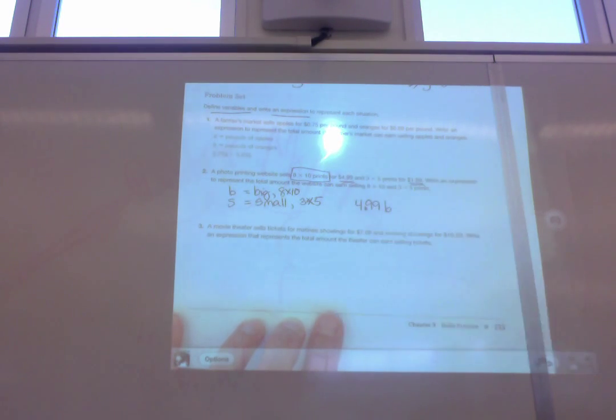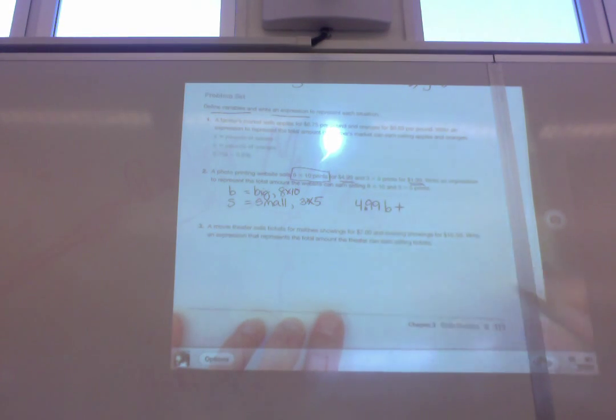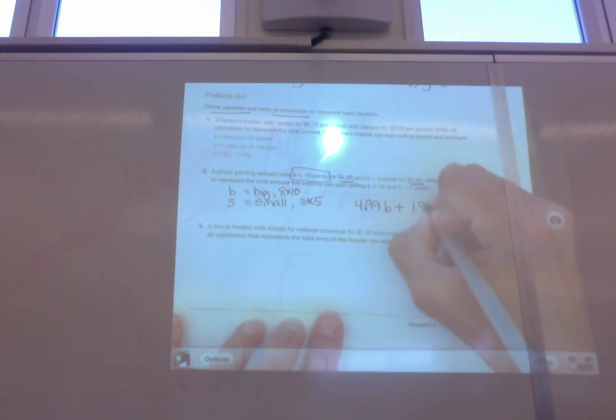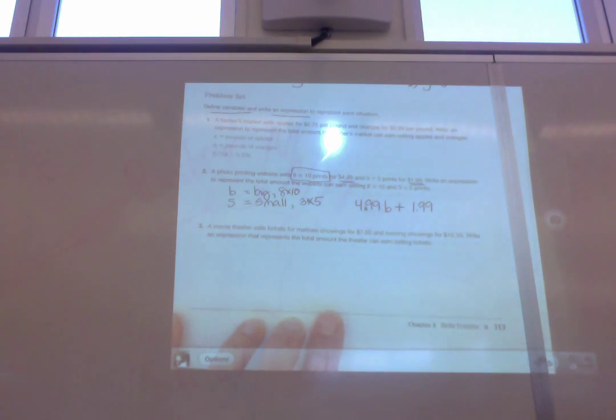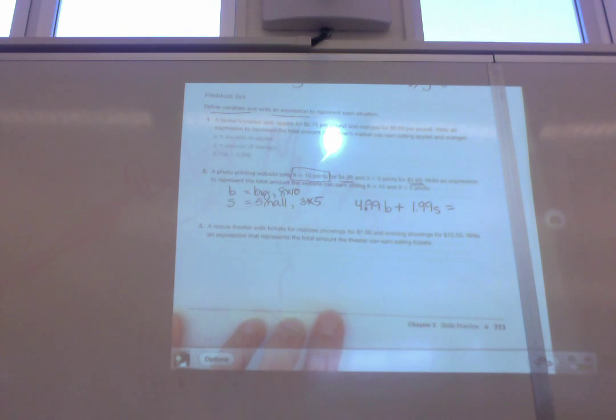B, that's the price for the big photo, the 8 by 10, plus 1.99 S equals some kind of C, some kind of total amount. If we're doing a package, it will depend on your family or the package that you buy.